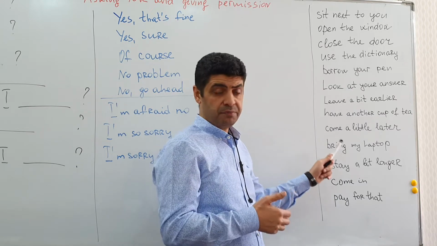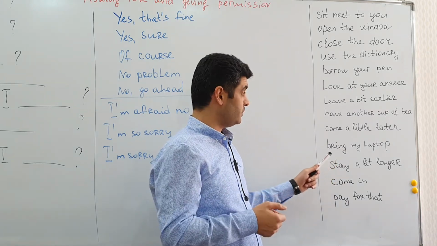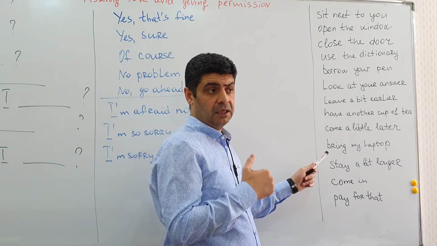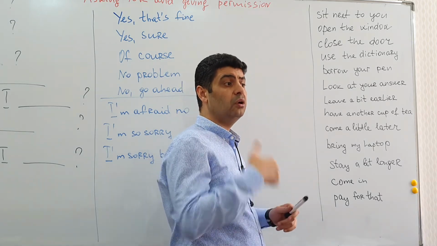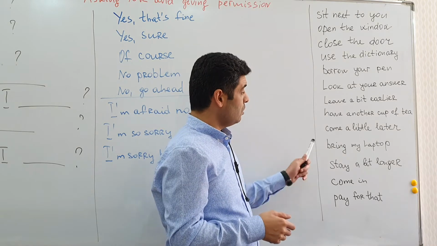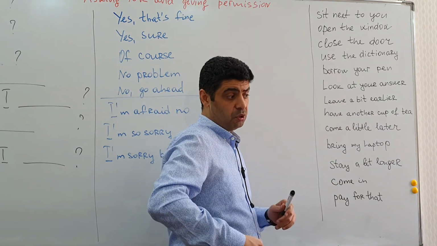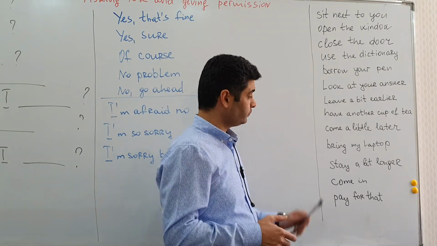Have another cup of tea or coffee. Come a little later: I want to come to work tomorrow a little later. Bring my laptop: I want to use my own laptop.